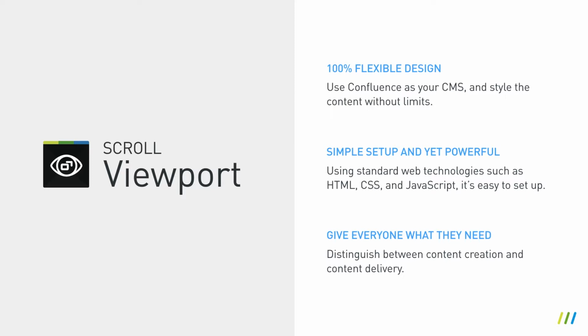So if you're a front-end developer, it's super easy to set up and make your own theme to make it look like your company's style. And then finally, as we saw before, Viewport allows you to display the content based on the user's needs, so we can give everyone what they need. The contributor can work in the Confluence editor, and the reader still sees the same content, but in an optimized view.